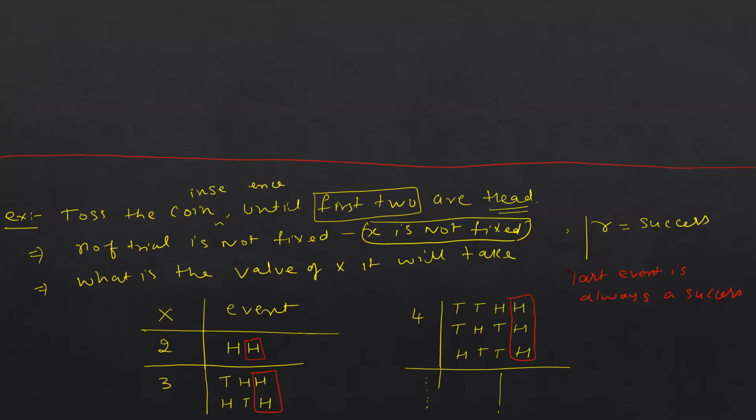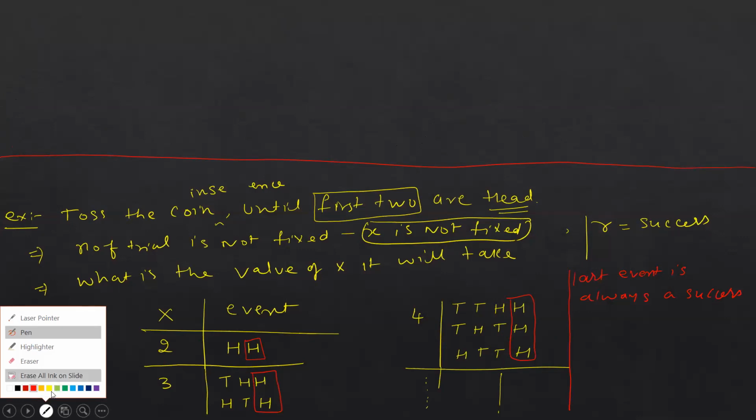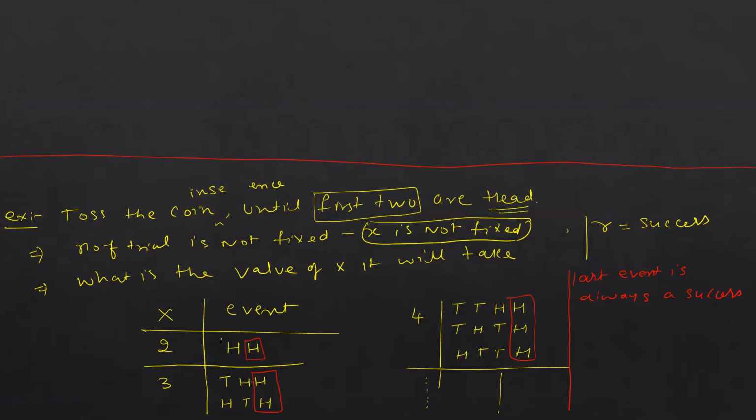Okay, so one thing you note here is that the last event is always a success. But what about the previous one? What about the previous events?